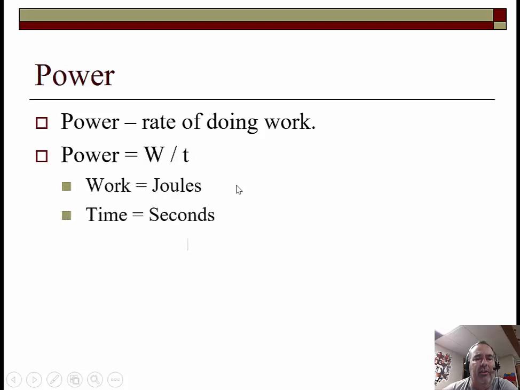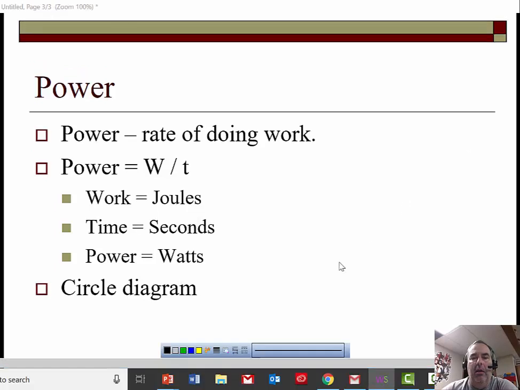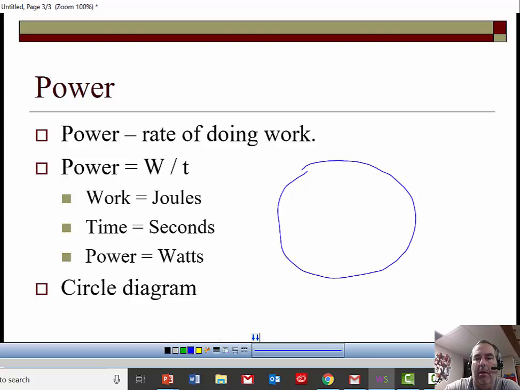So let's go ahead and look at the units. Okay, we learned that work was measured in joules. The SI base unit for time is seconds, and power is going to be measured in watts. So when we look at the circle equation, our circle equation is going to end up looking like this. Okay, so there's our circle equation.